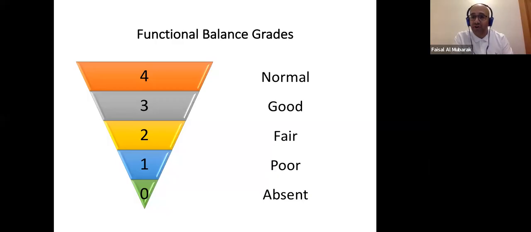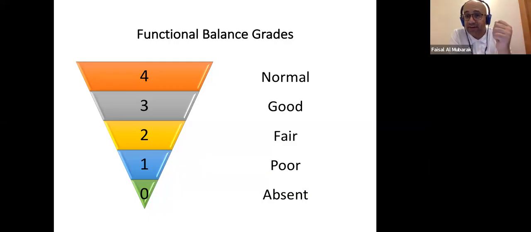You put them in 4 when they can go from A to B and pick something up from the floor and continue walking. However, if the patient finds it challenging to pick something up from the floor and continue walking, that puts this patient in 3.